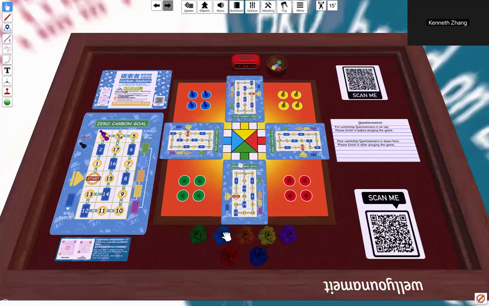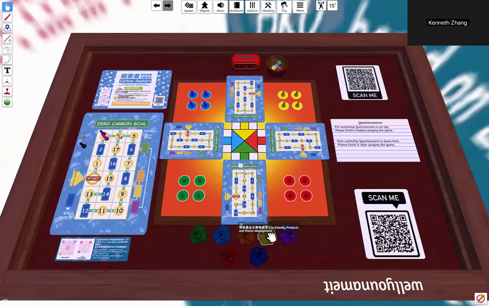It depends on which round the game is in, so draw a card from here. It depends on the speed that the players answer this question.